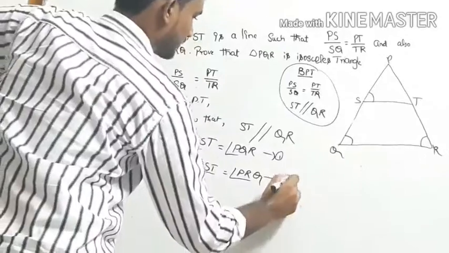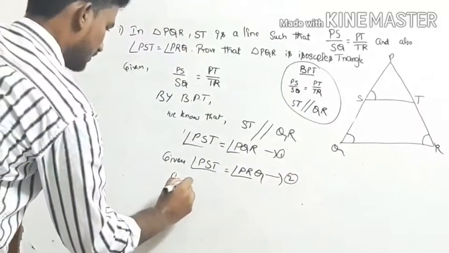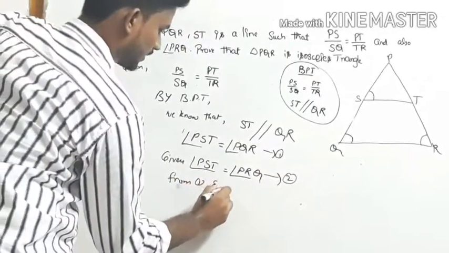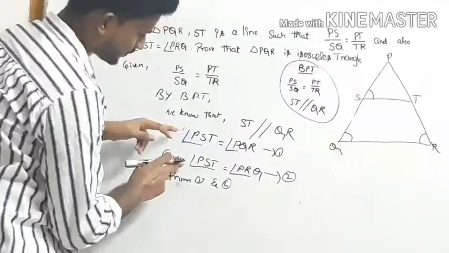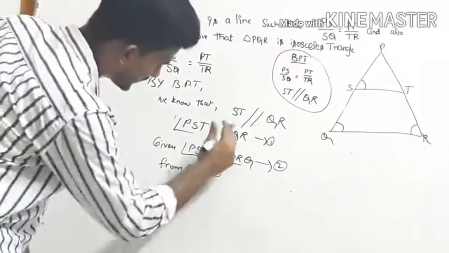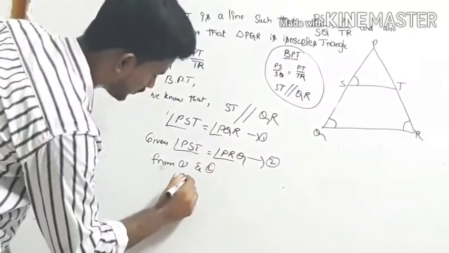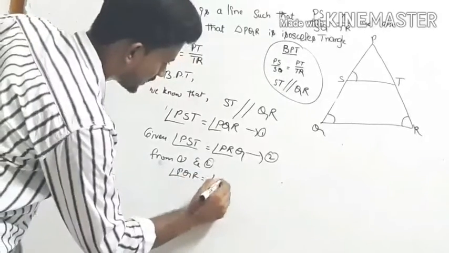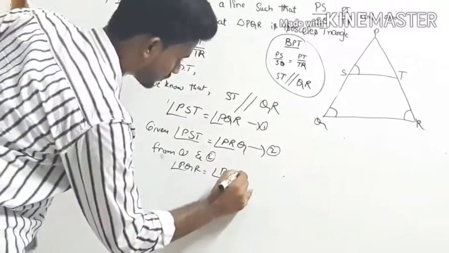From 1 and 2, since PST is equal in both, angle PQR equals angle PRQ.